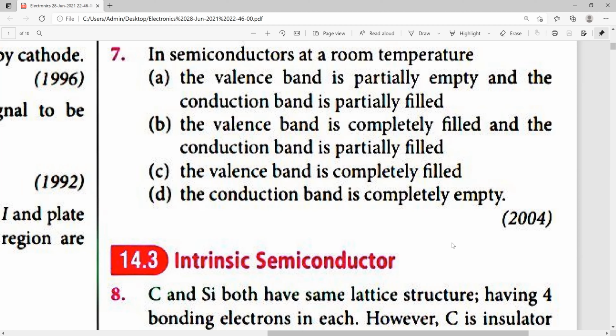So in a semiconductor at room temperature, the electrons get enough energy to overcome the forbidden gap. Thus at room temperature, the valence band is partially empty and conduction band is partially filled. Conduction band in a semiconductor is completely empty only at 0 Kelvin. Therefore, for the 7th one, A is the right answer.